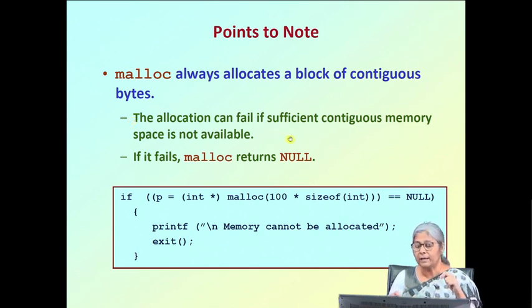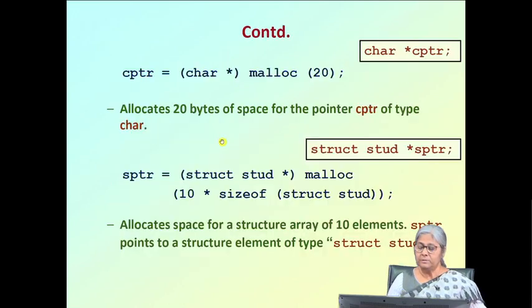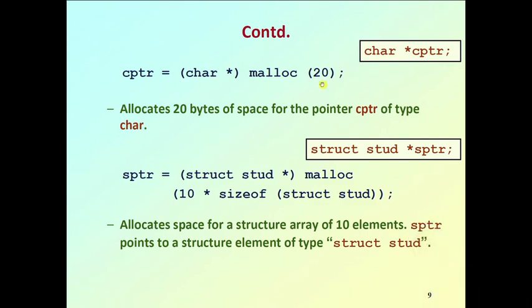The allocation can fail if sufficient contiguous memory space is not available. Suppose in this simple example I want to allocate 20 bytes, but in my memory only 10 bytes are available. Then it will be a failure if it does not get 20 bytes together.